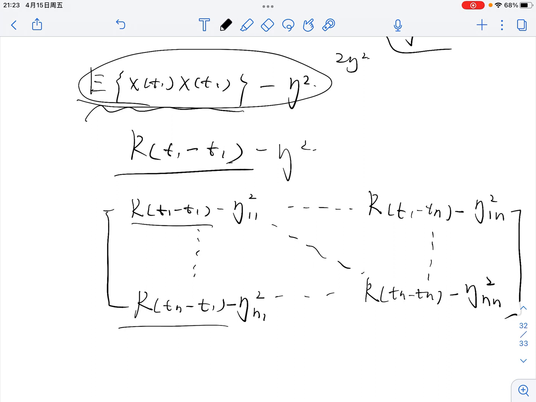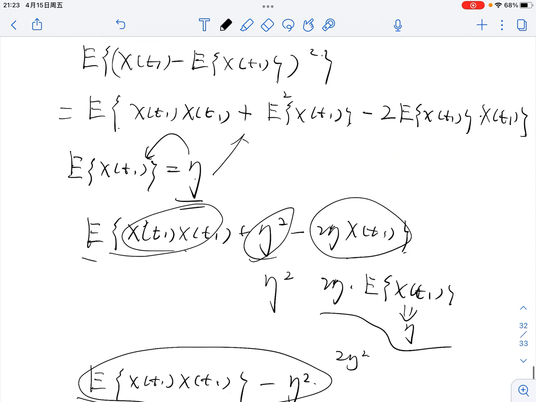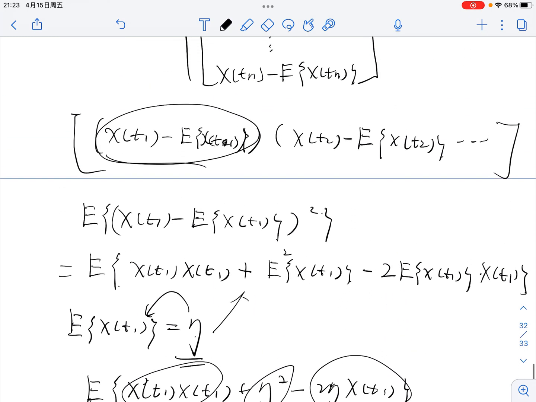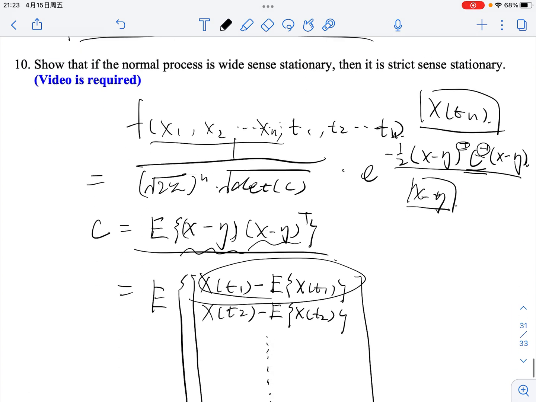By observing this covariance matrix, we can see that the normal process stays the same.